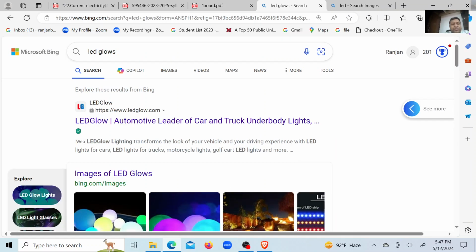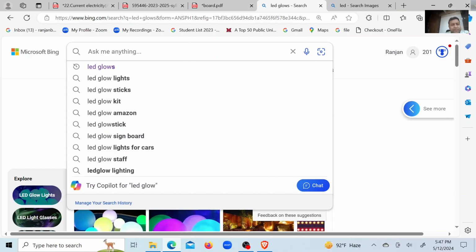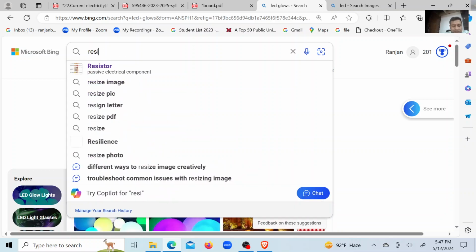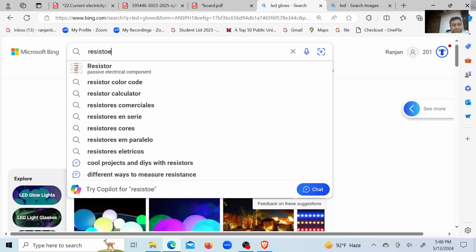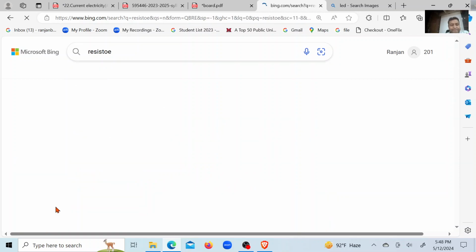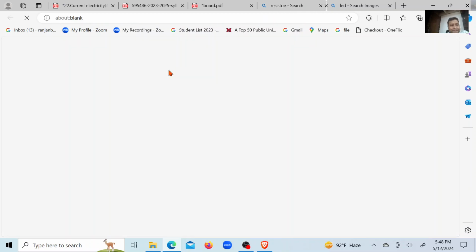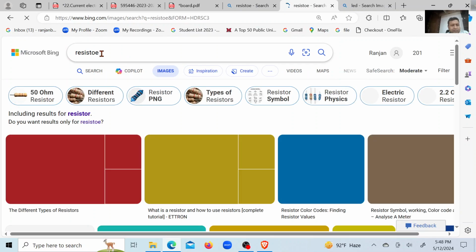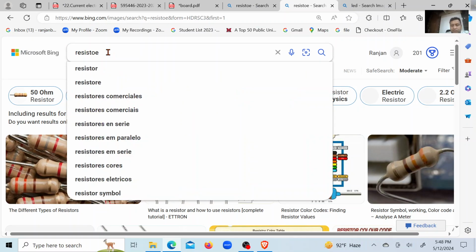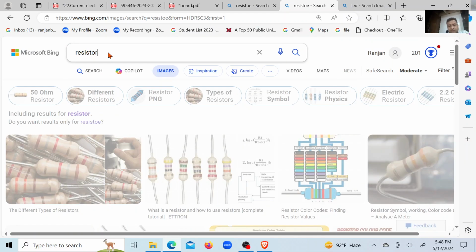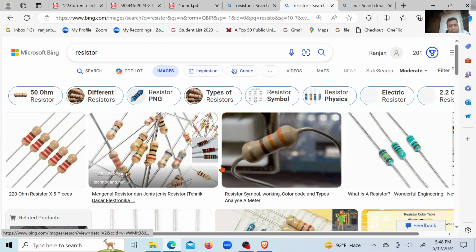Now, color code of resistor. Look, if you look at the resistor, look at this.